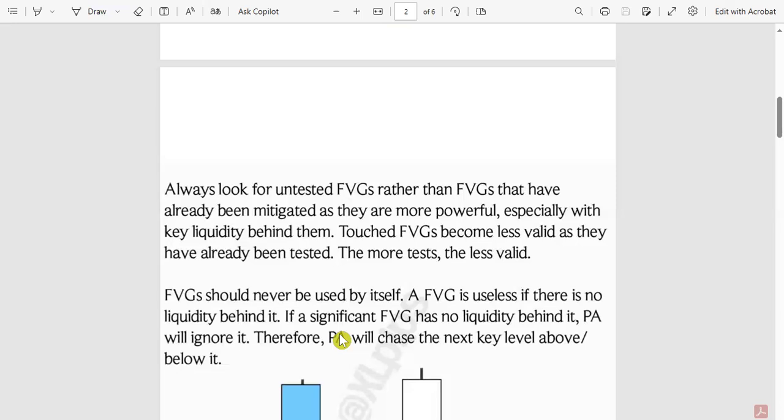So understand that concept. You need to make sure that your fair value gap has liquidity before formation of it, and also there has to be an overlapping PD array or an overlapping point of interest that will give you more strength for that fair value gap to hold the price.